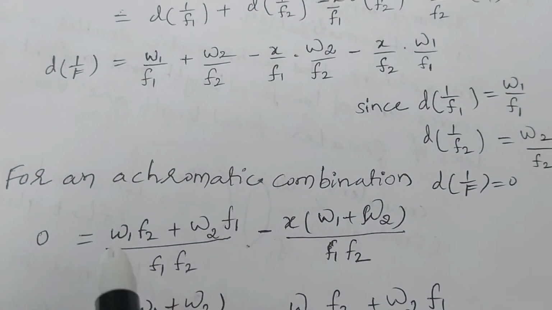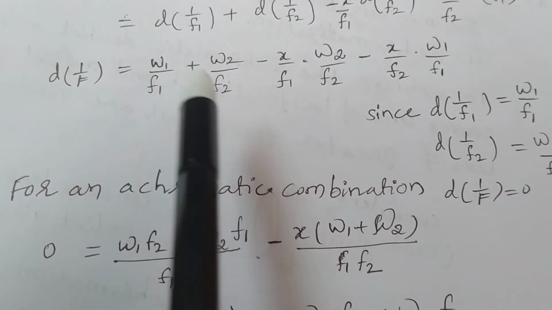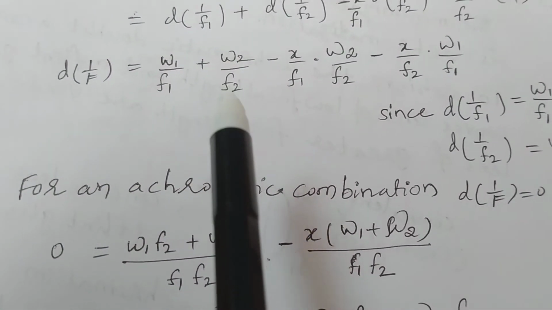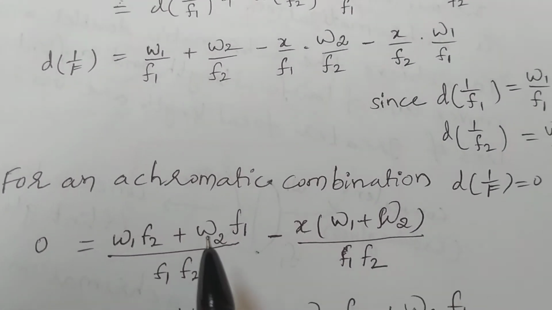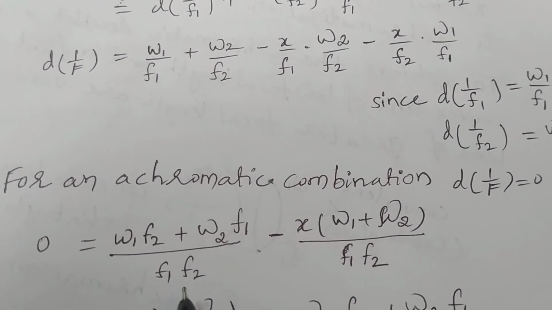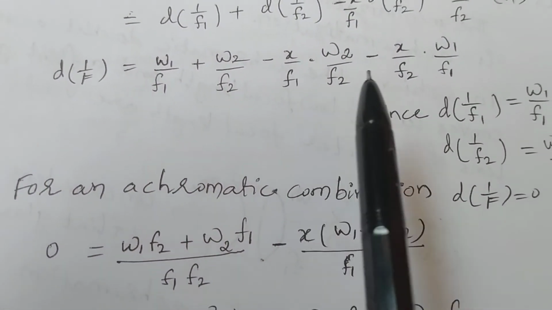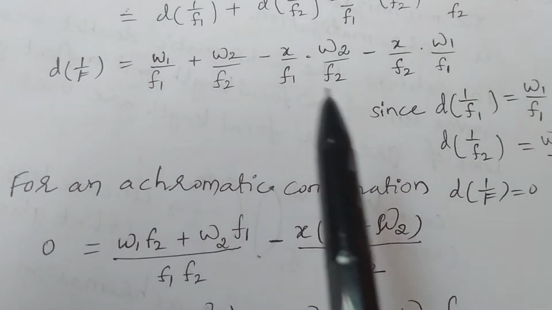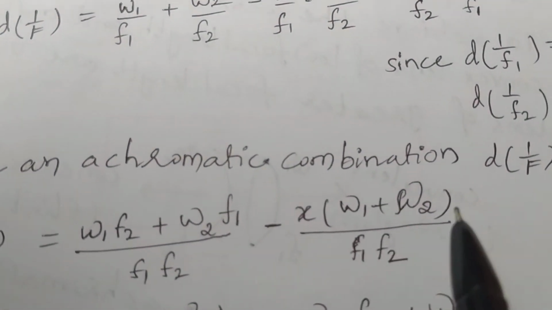So 0 is equal to omega 1 by f1 plus omega 2 by f2 minus x by f1 f2 into omega 1 plus omega 2. Now take the LCM: omega 1 f2 plus omega 2 f1 by f1 f2, minus x by f1 f2 into omega 1 plus omega 2.